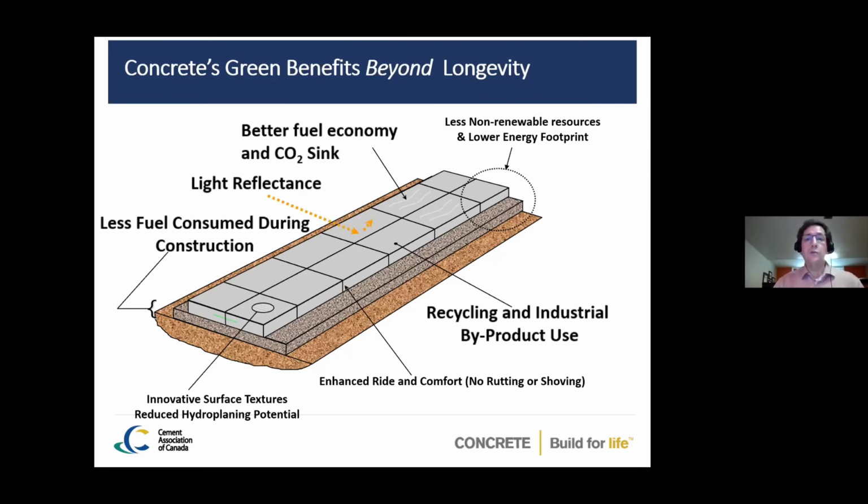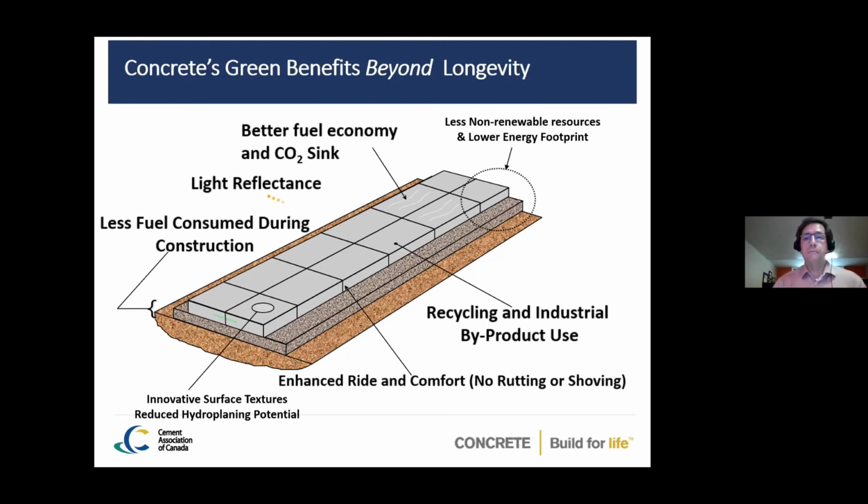So it allows you to increase the safety in that area or decrease the lighting. RCC was placed at a facility in Moncton, New Brunswick, where they decreased the lighting by 20% because they had much better lighting that way.